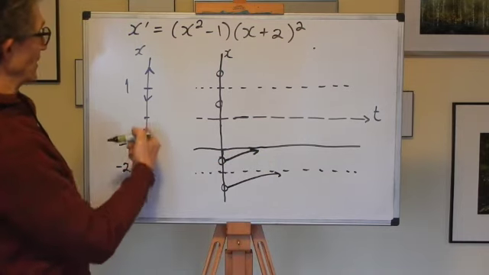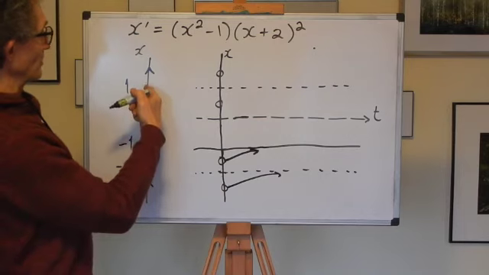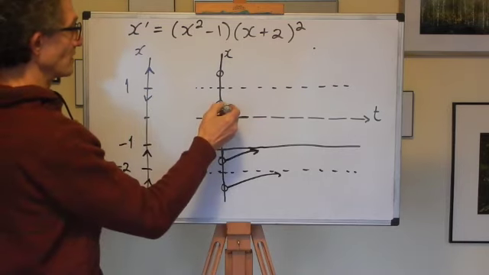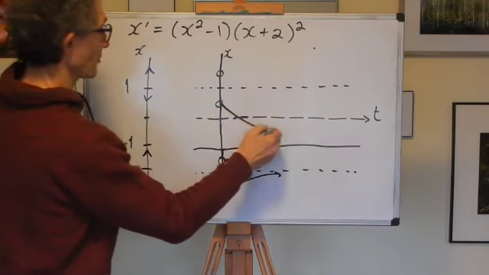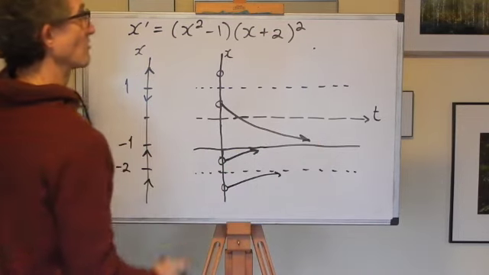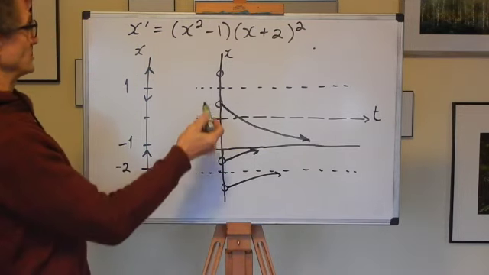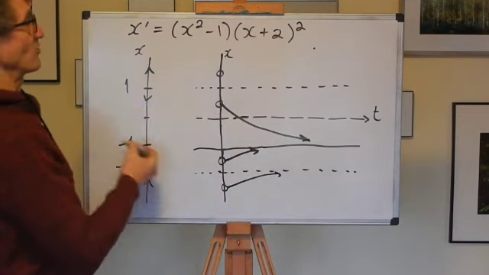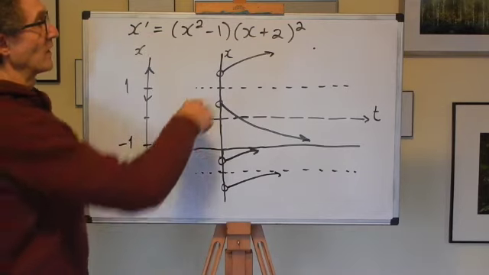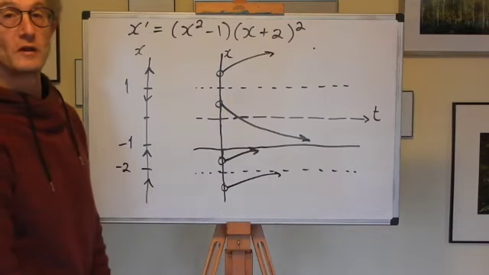If we start above the sink but below the source, then the trajectory is approaching the sink. And if we start above the source, then the trajectory is increasing, x prime is positive, and moves off, presumably to infinity.